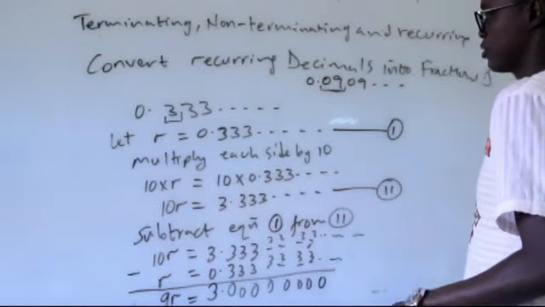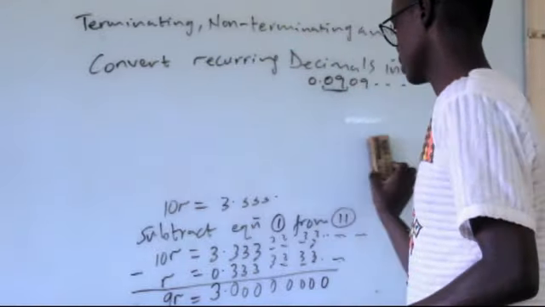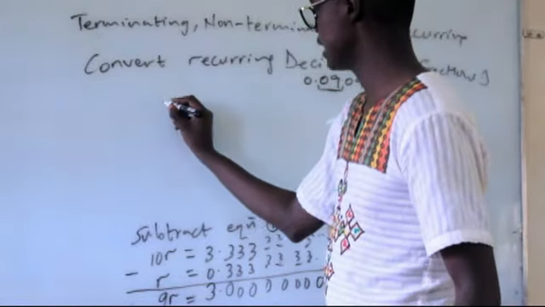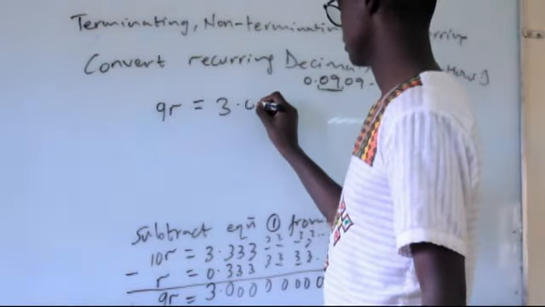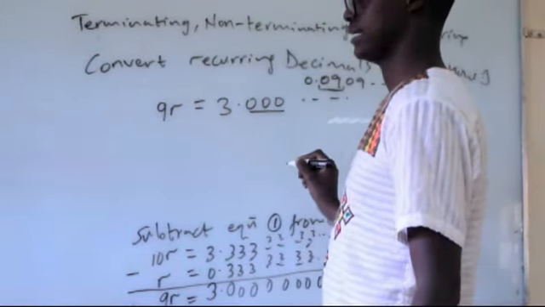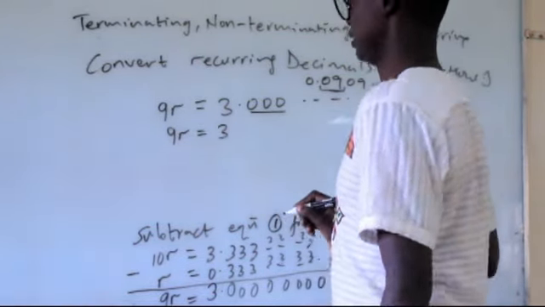So I am going to complete our equation. We have 9r equals 3.000, etc. These zeros become negligible. So we have 9r equals 3.